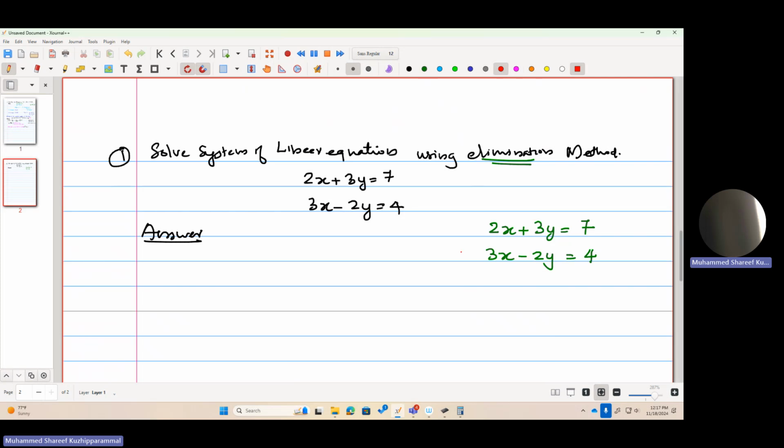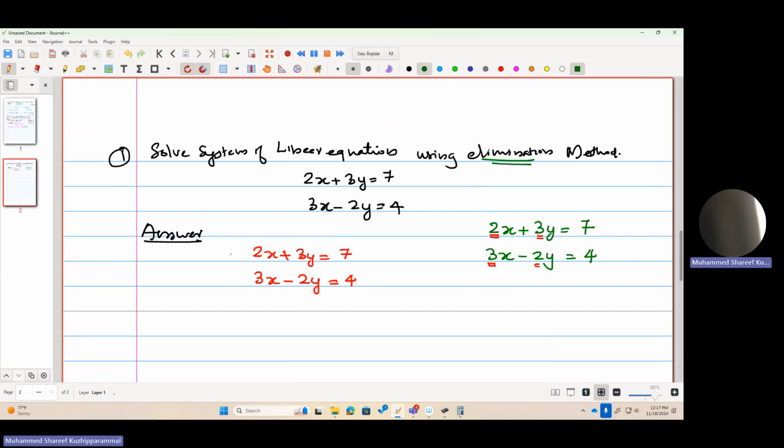To eliminate x or y, you need this number to be same, but they are not same. Y also 3 and 2, they are not same. So I'm going to make this coefficient of x same. So students, this is the question: 2x plus 3y is equal to 7 and 3x minus 2y is equal to 4.